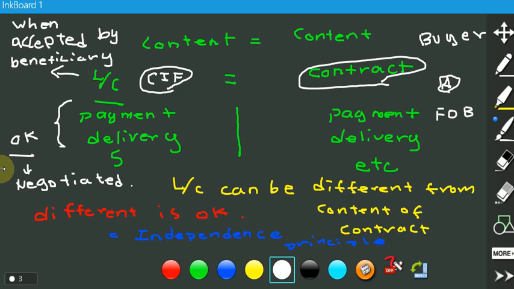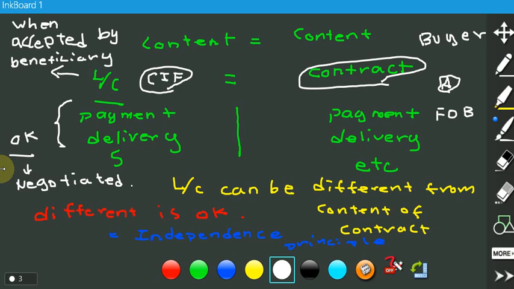So the opening bank cannot reject to honor the beneficiary by the excuse that the letter of credit is not identical to the original contract.